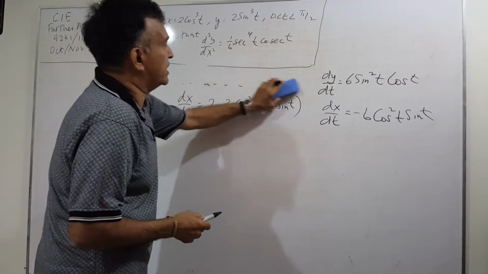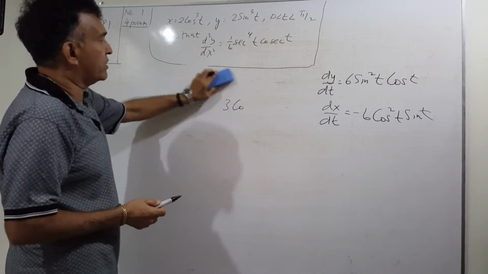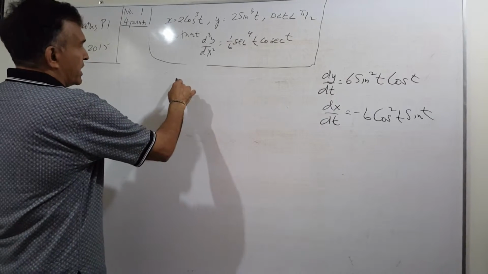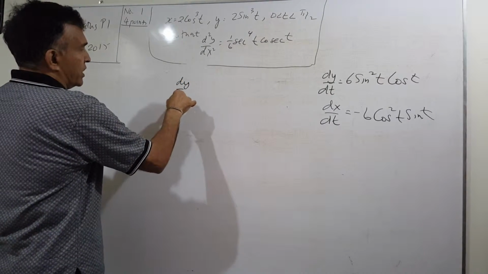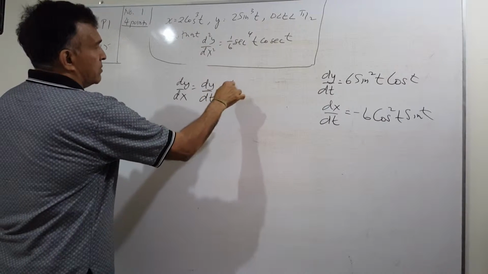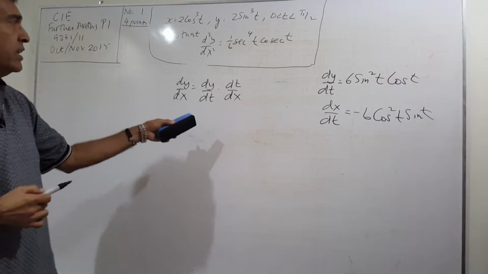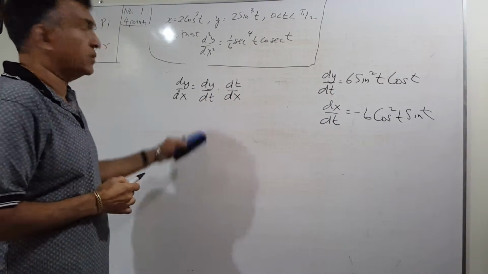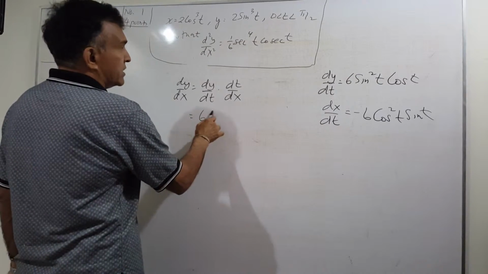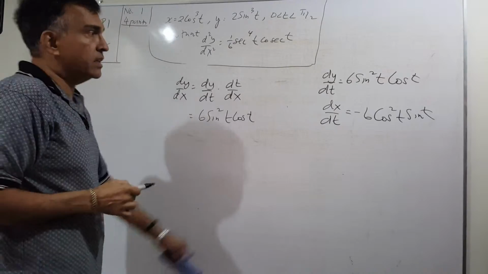Now let's use the results that we have just found. We are going to find d2y dx squared, so we have to write down dy dx first. dy dx equals dy dt times dt dx. This is the chain rule. dy dt is 6 sine squared t cos t, from here.